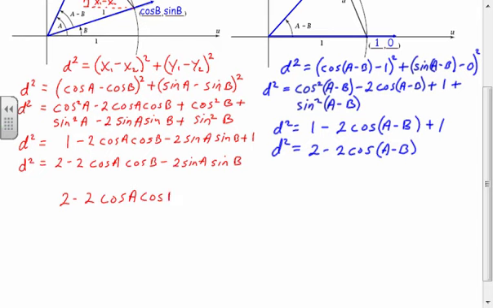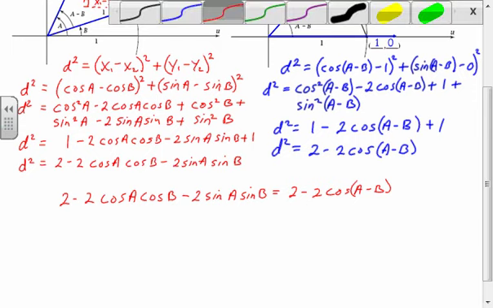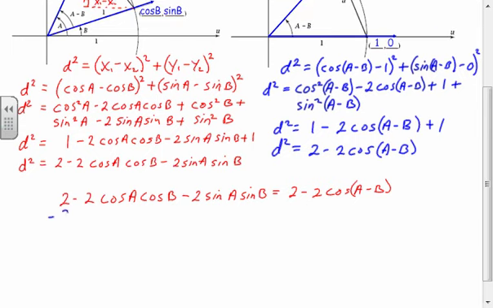When we put these together, what things will go away, what things will simplify? This is the process of deriving these things. 2 minus 2 cosine A minus B. Well, you probably already noticed that there's a 2 on both sides that we could subtract from both sides and get rid of.